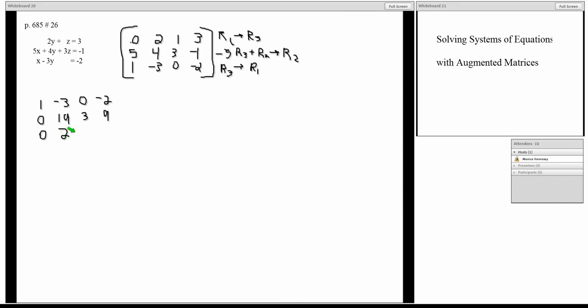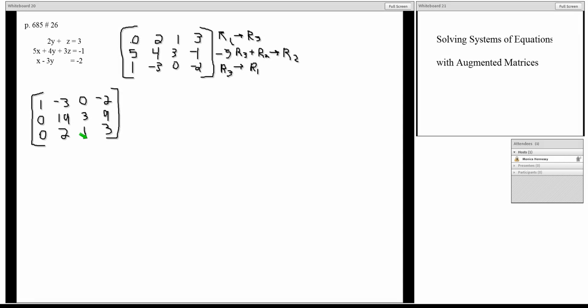Alright, then I want negative 5 times row 3, and I'm going to add it to this. So negative 5 times 1 is negative 5 plus 5 is 0. Negative 5 times negative 3 is 15 plus 4 is 19. Negative 5 times 0 is 0, plus 3 is 3.